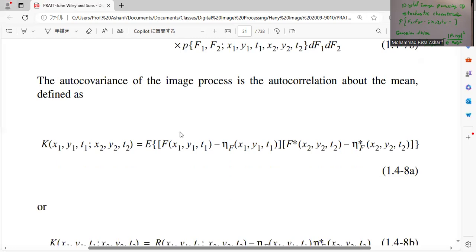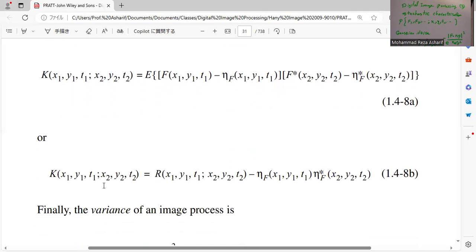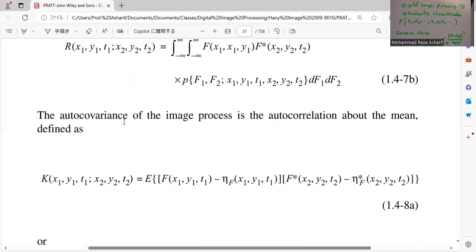So if you subtract the mean from both sides, then we obtain the autocovariance K, which is the expected value of F minus eta F multiplied by F star minus eta star. So this is the autocovariance.